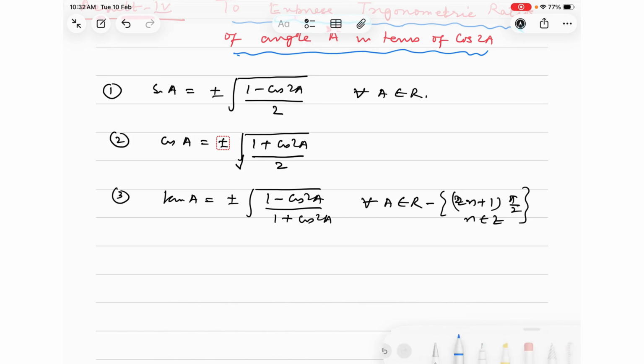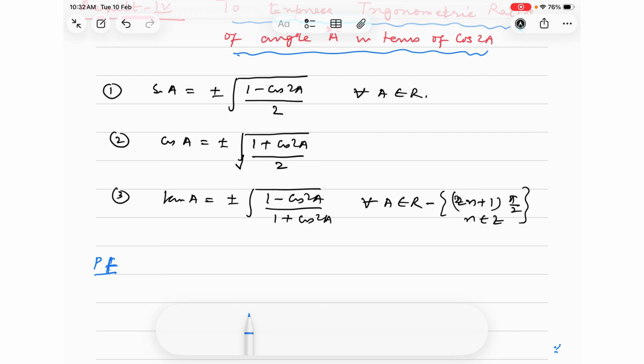Now we have a small proof of all these three results. The first result, we'll try to prove: sin A is equal to plus or minus root of (1 minus cos 2A) by 2.